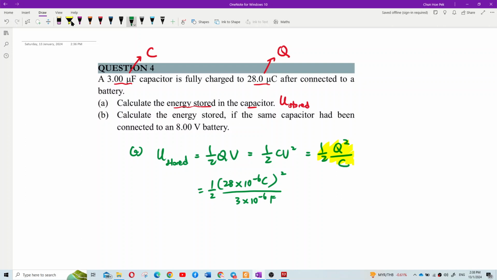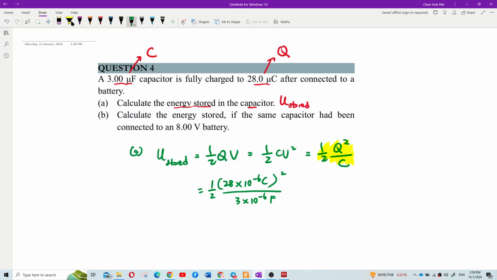Use your calculator: 28 exponent negative 6, squared, divided by 3 exponent negative 6, divided by 2.